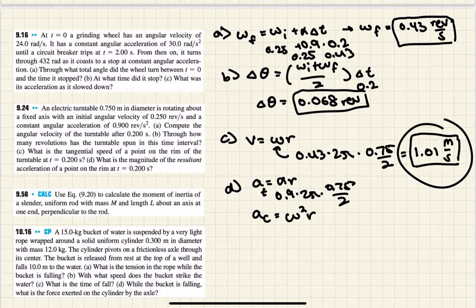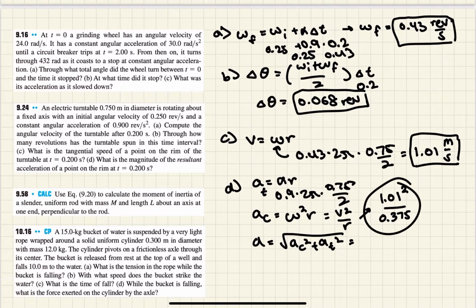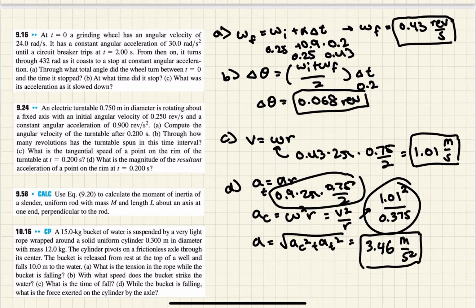We're given this. So instead of omega squared r, we could also do v squared over r, and just do 1.01 squared over radius of 0.375, and we get our centripetal acceleration. Then acceleration is just square root of ac squared plus at squared, and if you were to solve for all that, you got this as ac, this is at, and then you square root that, you're going to get 3.46 meters per second squared, which is our answer.